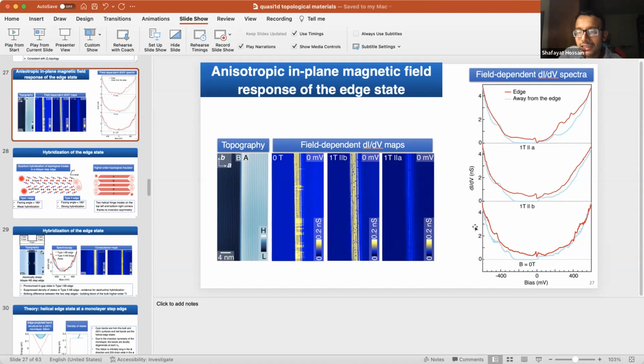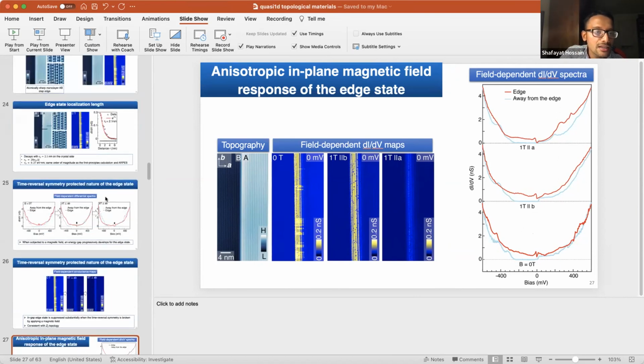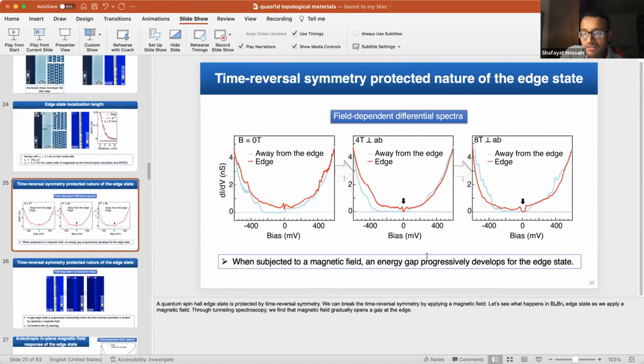I've not done that. But by eye, you are right. By eye, it appears that at least in slide 25, the gap appears to be larger. Okay, thank you.